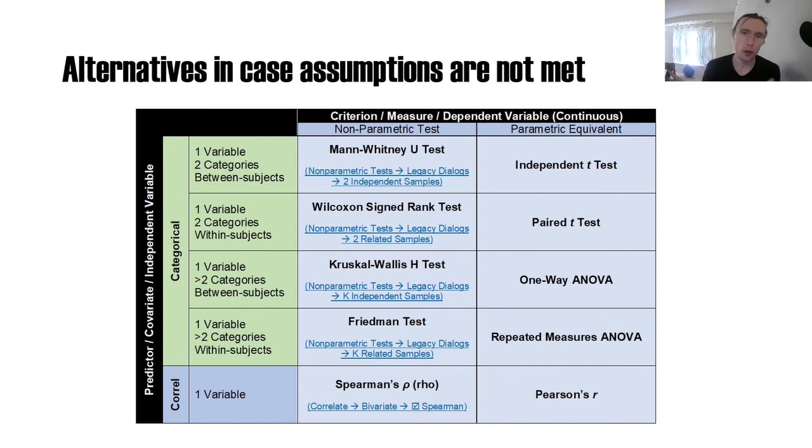Well, they have different problems again. So there is no perfect test. But in certain situations, they may be better. And those situations would be if the assumptions are not met. Now, I don't want to go into detail into any of those. That would be part of another lecture, but just to show you that there are alternatives.